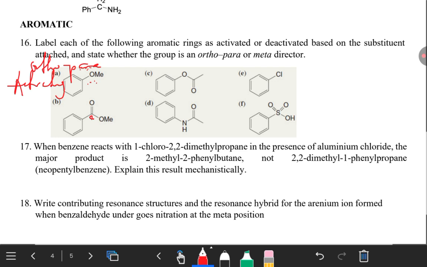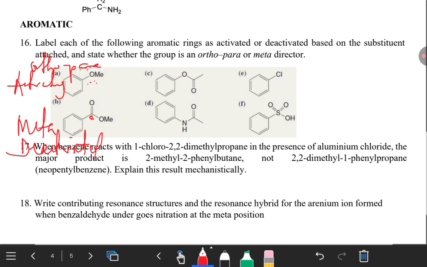Because it has no lone pairs of electrons, it is able to withdraw electrons from this ring. Because it is withdrawing electrons, it is deactivating the ring, and deactivators are meta directors. So this one is a meta director, and it deactivates the ring.